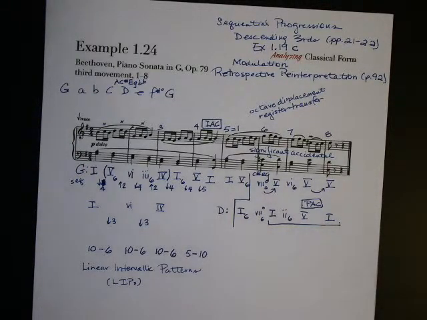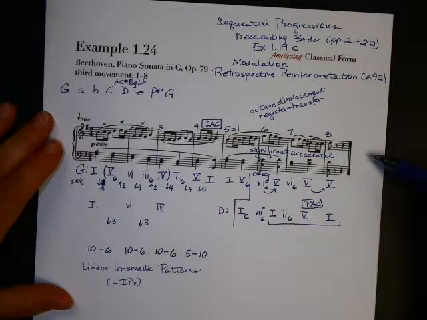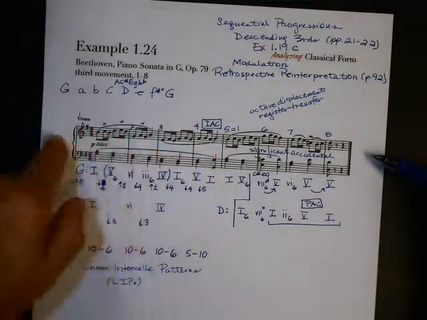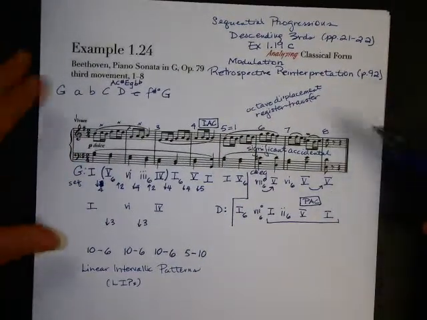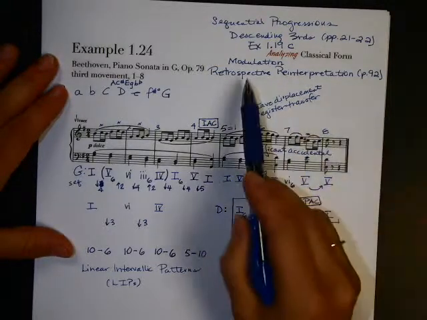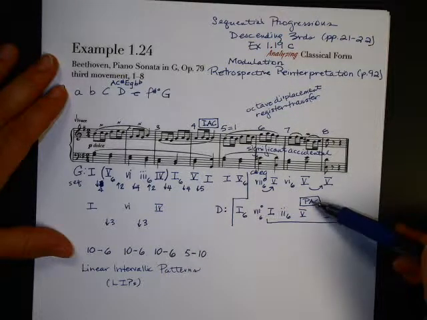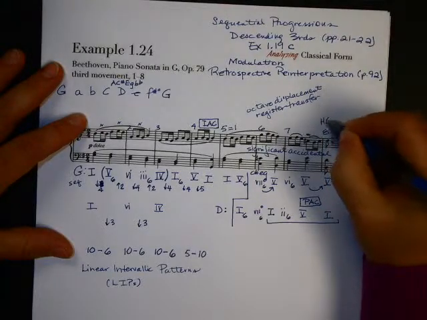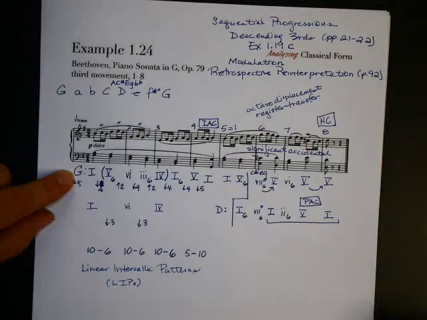Knowing that measure 9 is going to be a repetition of measure 1, and restart a repetition of this entire 8 measures, we are going to do a retrospective reinterpretation of this perfect authentic cadence and call it a half cadence in terms of G major. So a retrospective reinterpretation.